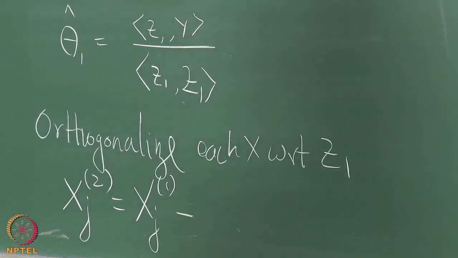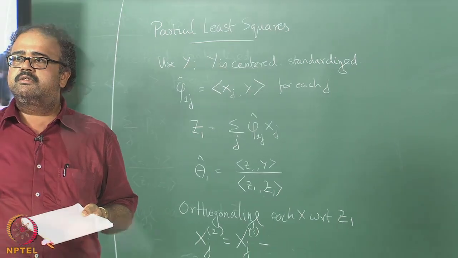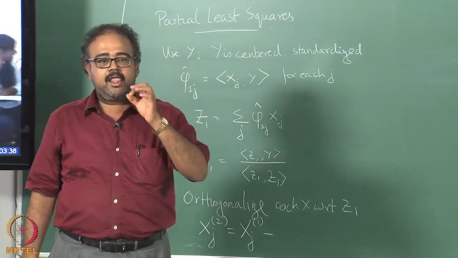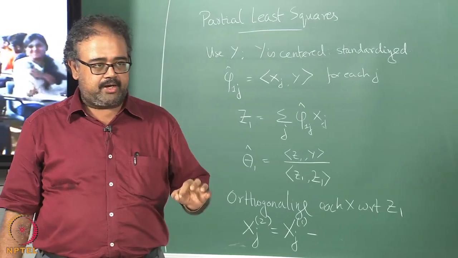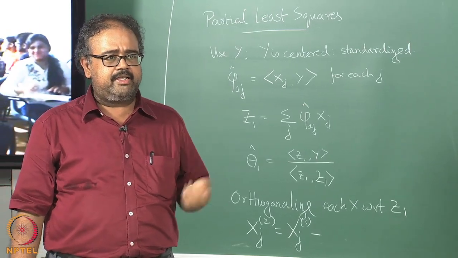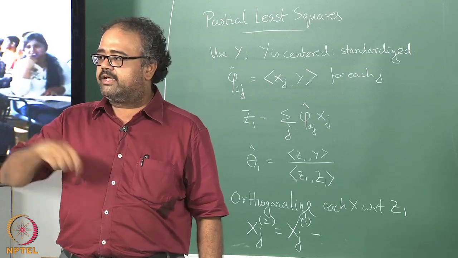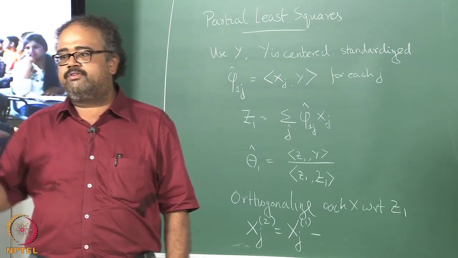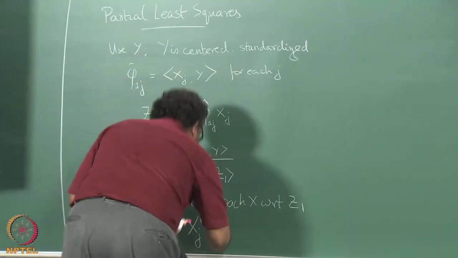I should regress xj on z1, right. This is how we did the orthogonalization earlier, right. So you find one direction, okay, then you regress everything else on that direction, then subtract from it, that gives you the orthogonal direction, right. So essentially that is what you are doing here.